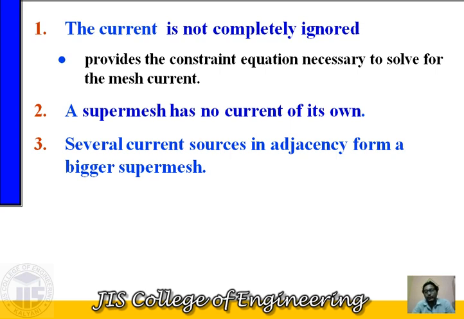Whenever we consider a super mesh, we are considering a closed path where the current source is excluded, and we use this concept when there is a current source in a particular closed path.